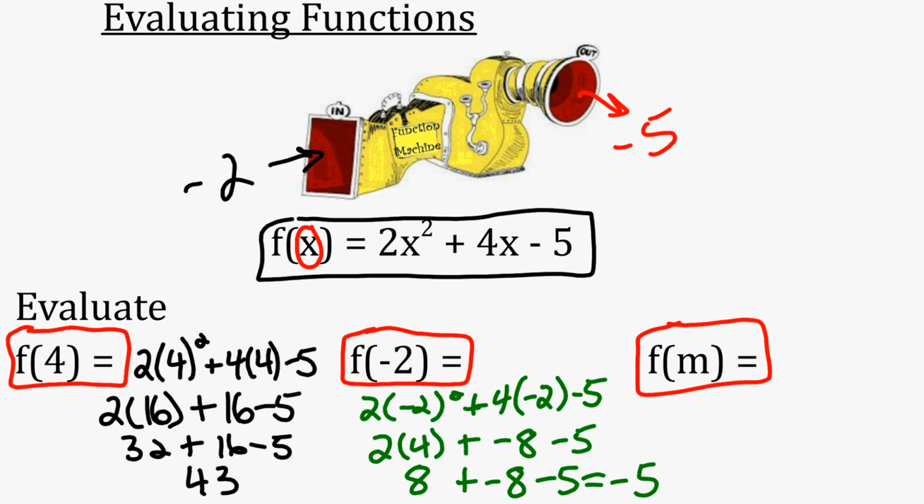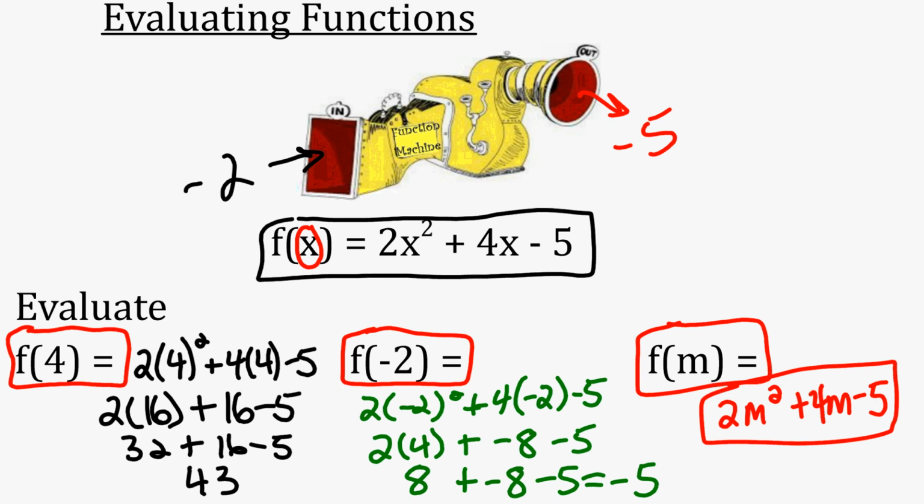So what that means is everywhere we see an x, we're just going to plug an m in. So it ends up being 2 times m squared plus 4m minus 5. And that's it. There are no like terms that we can combine. There's no way to simplify that. When you plug m in, you get that expression.